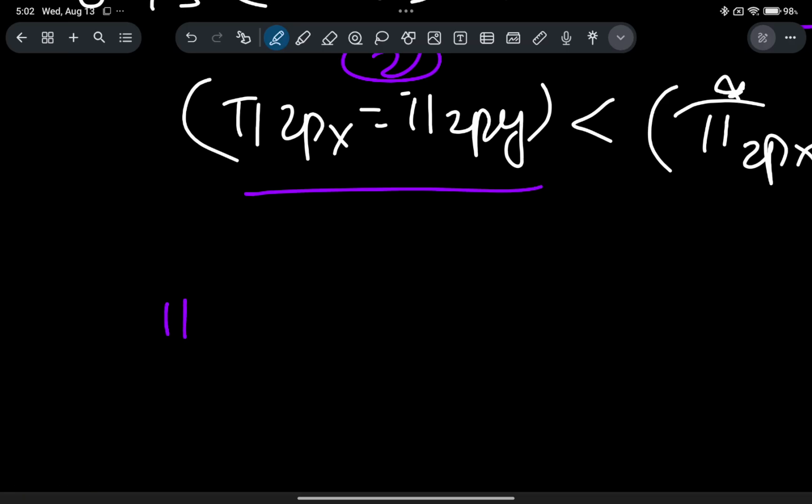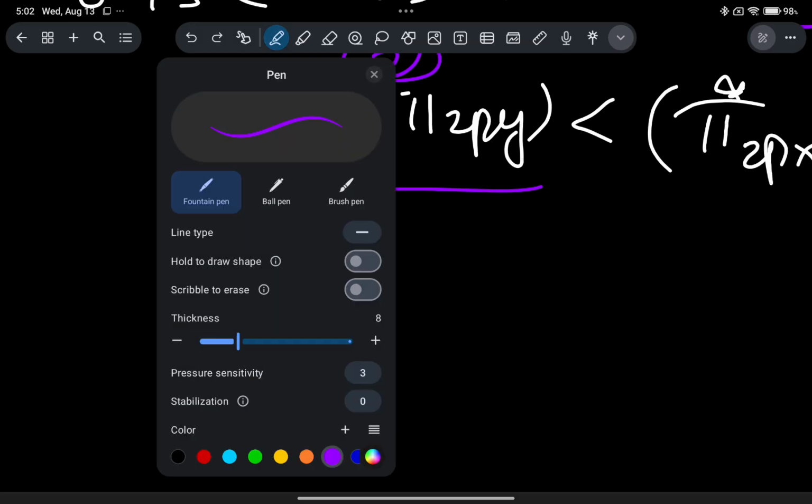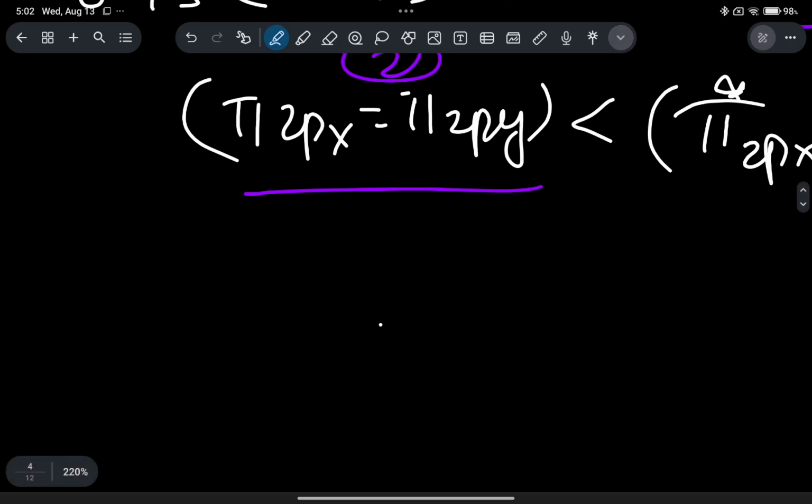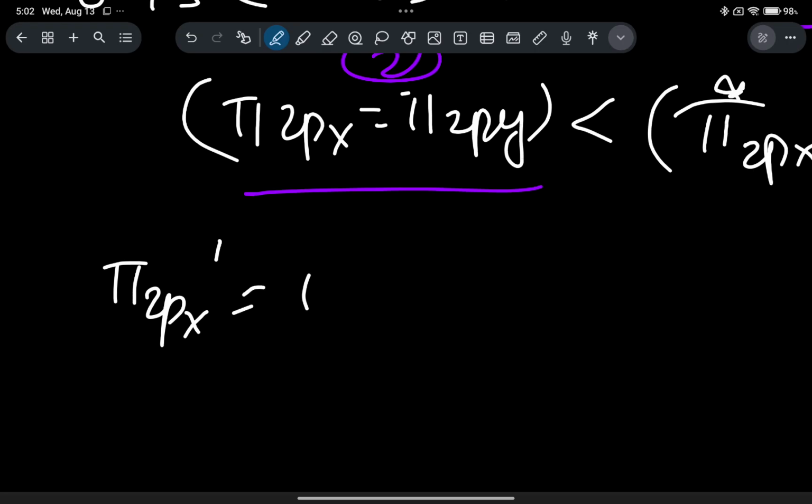when you get 2 electrons, one minute, I'll change the color before I write. Okay, so when we write the 2px and 2py, pi 2px1 is equal to pi 2py1.